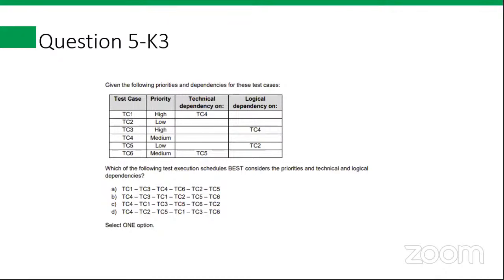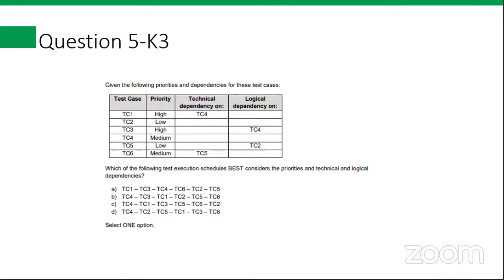Then we'll go to the next point. That is, you are done with 1 and 3. Then you go to the next, that is, after high you have medium. So 1, 3 and 4 are done. Again you have 6 in the picture. But if you see 6, corresponding to the technical dependency, you have test case number 5, and so 6 will get executed only if 5 is getting executed.